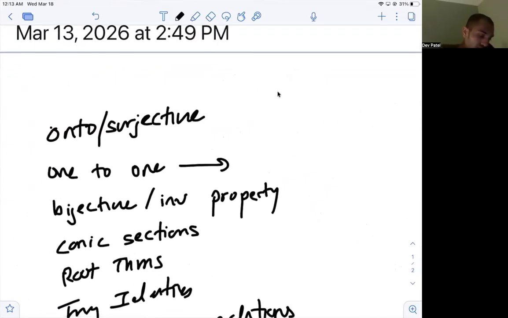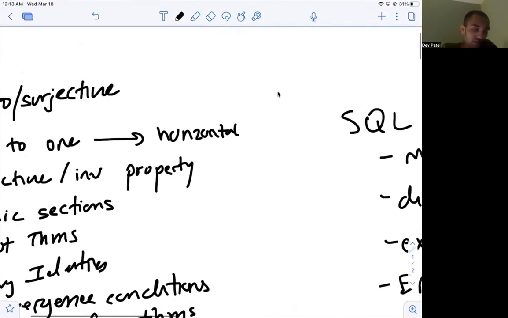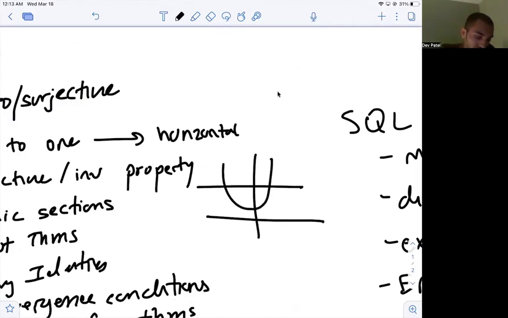One to one, you can test this just by the horizontal line test. Instead of the vertical line test to determine if it's a function, if you do the horizontal line test, that determines if it's one to one.